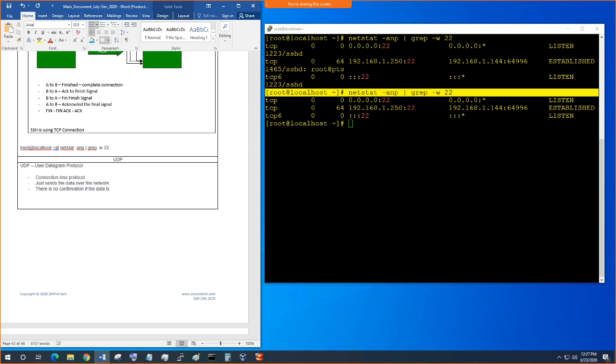Like streaming? Very good, streaming. Or the car radio. Wherever the radio station is broadcasting, they don't care. They just broadcast it. If you get it or not on your side, it's your problem. They just make sure their broadcast is up and running. So it's called broadcast, with no confirmation received by the sender.